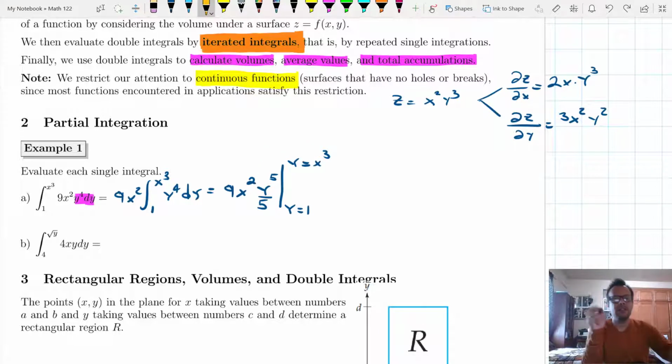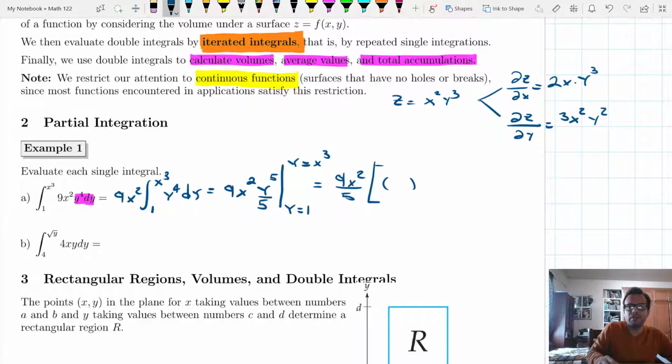Okay, so let's apply the fundamental theorem of calculus. We have 9x squared over 5, that's constant, and I'm going to write quantity to the 5th power minus quantity to the 5th power.